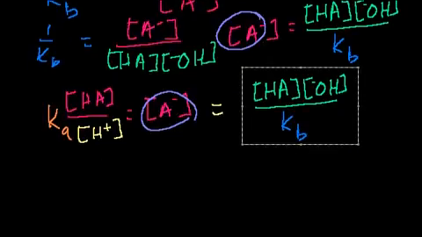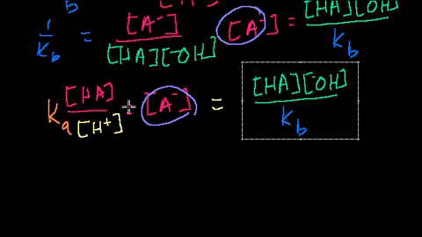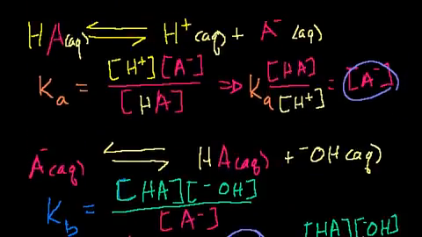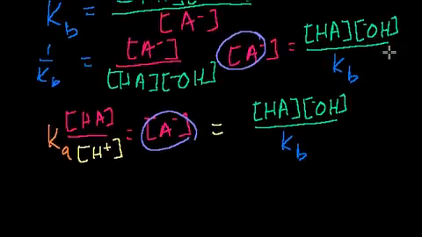One thing we can do is divide both sides by HA, right? I could have probably done that earlier on in the whole thing. But let's say if we ignore this part right here, this is equal to that.